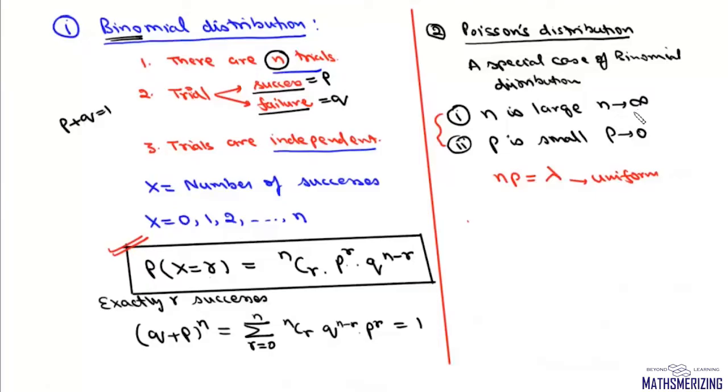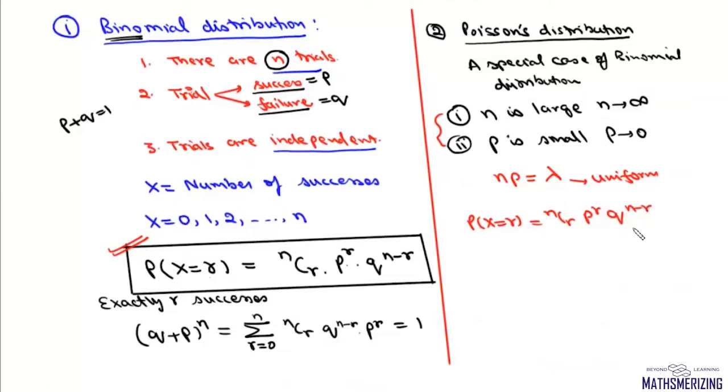Now we'll work out this formula for Poisson's distribution. Now we know that binomial distribution is P(x = r) = nCr p to the power r q to the power of n minus r.